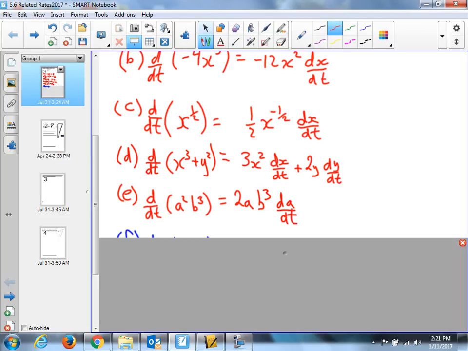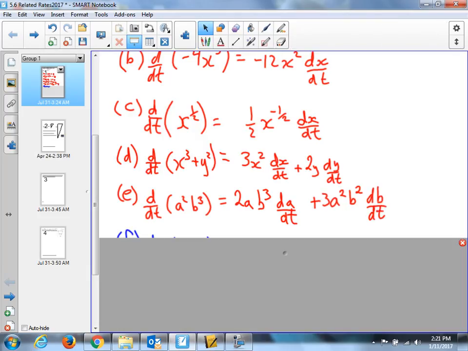You could put it in the middle, as long as you show that it's multiplying. Then add it, because it's a positive sign there. Yep, product rule, good. So leave the first thing alone, a squared, 3b squared then. I'm going to put the 3 in front, just because it looks better, and then dB by dt.